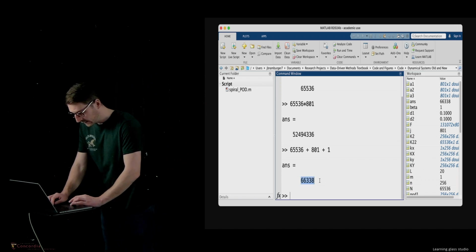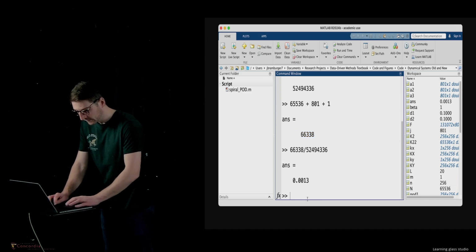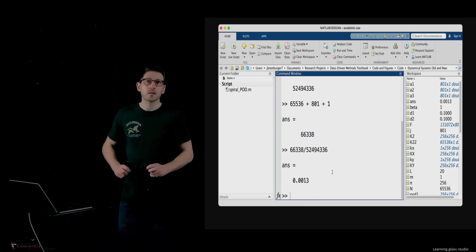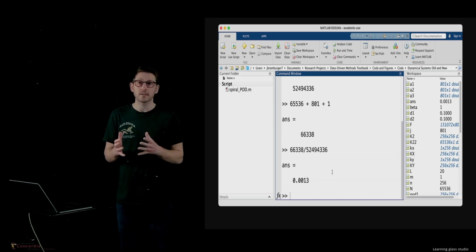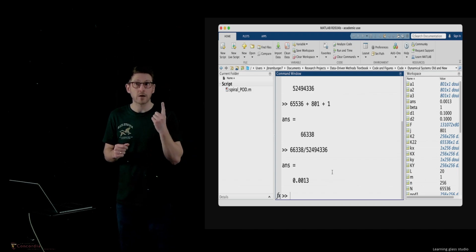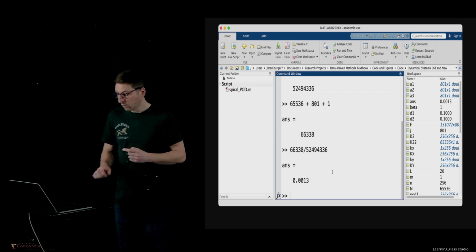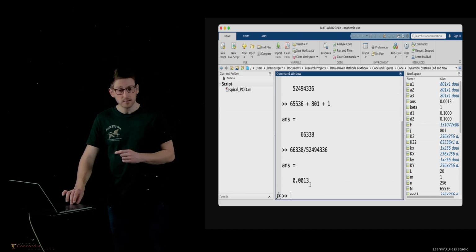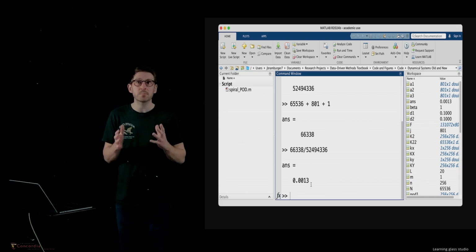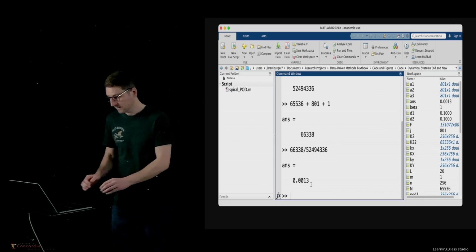Let's take a look at the ratio between these two things, and let's see how much of a cost saving we have here. That's less than 1% of the original information in the rank 1 approximation, right? 1% of the original data to capture about 50% of the information.